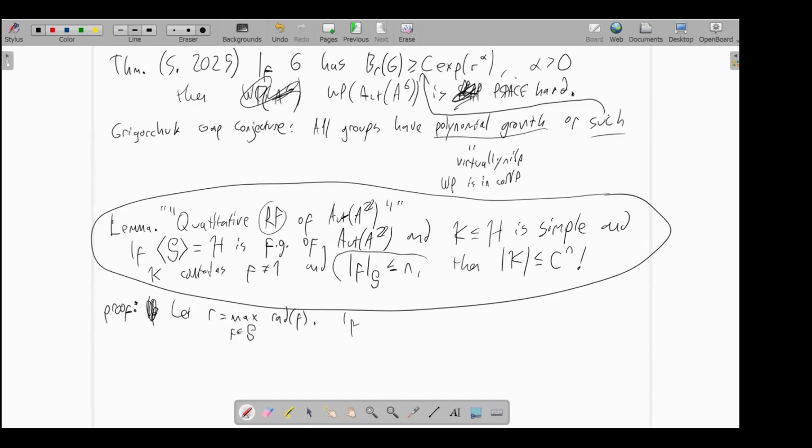Now, if you have an element F, let's forget about this K for a second. If F has word norm at most n, then because of the subadditivity, the radius of F is at most Rn.